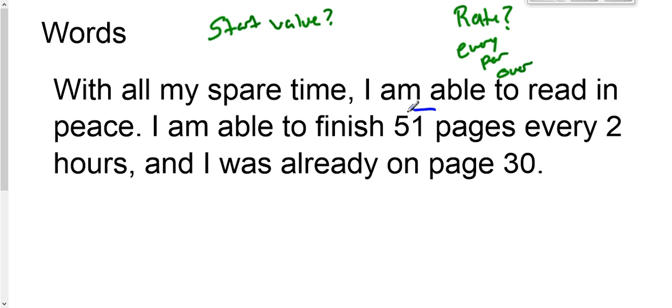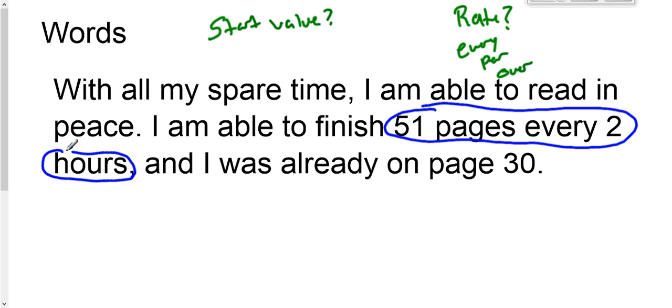So I see 51 pages, 2 hours. And that's 2 different numbers being compared. The other thing you're looking for is 2 different units that are being compared. So in this case, pages, hours. IV and DV, what controls what?